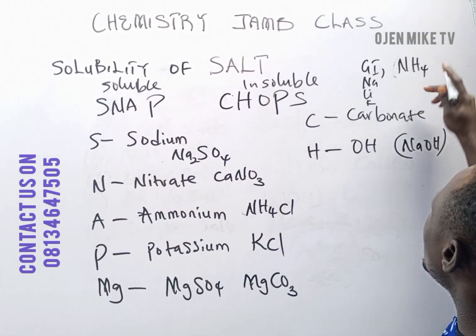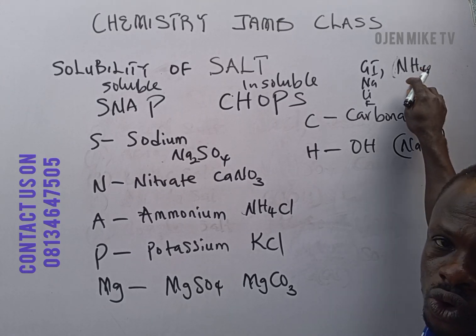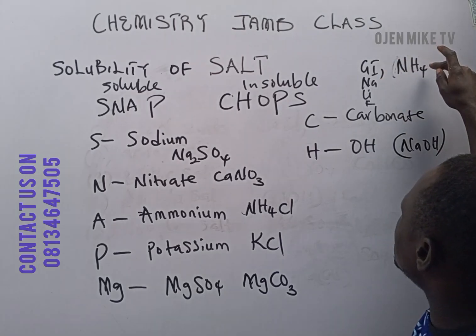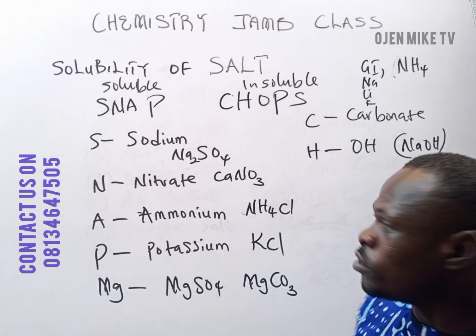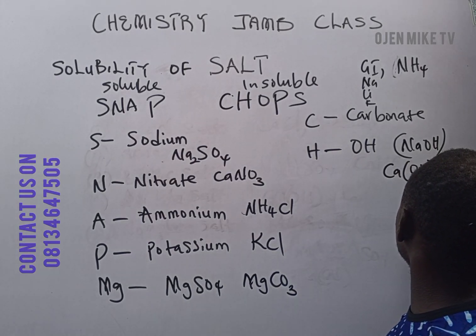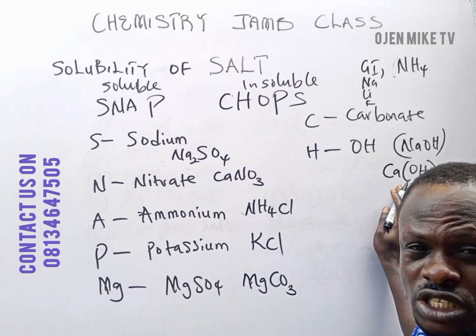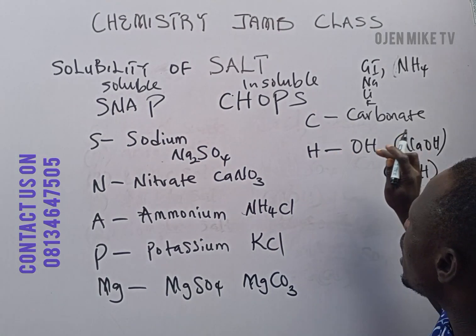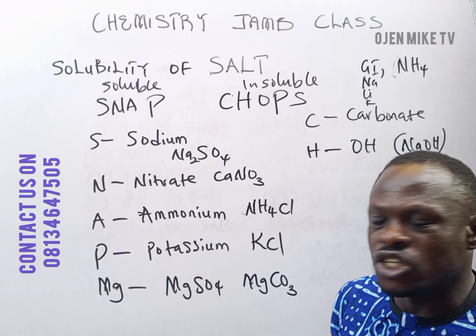Ammonium hydroxide is also soluble. Anything apart from that is insoluble. For instance, calcium hydroxide is slightly soluble, but we say it is insoluble. So all hydroxides, with the exception of group 1 and ammonium, are insoluble.